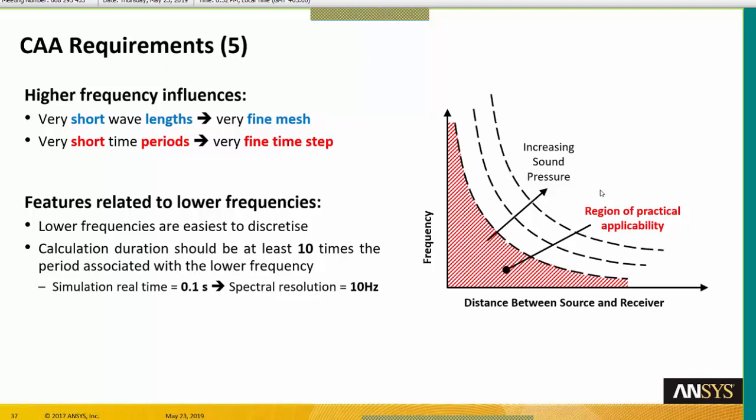So that's why usually it's very limited to use direct CAA, because we know that we will still have very strong issues when we consider large domains and very fast evolving acoustic waves. So we need to be certain that we have the correct computational resources to represent these kinds of problems. And that's why usually the problems must be limited in terms of extent and also in terms of time step.